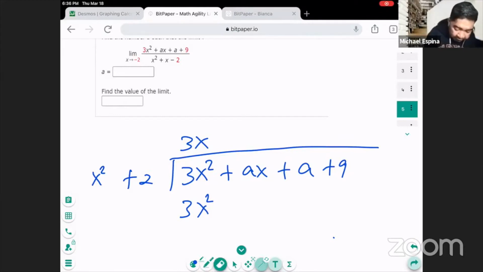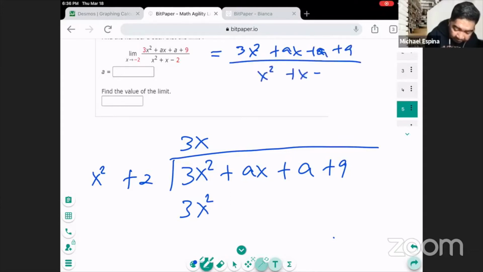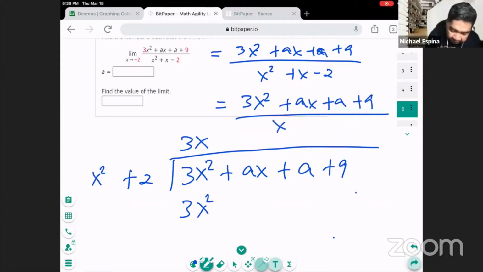Because this is actually factorable. If we try to substitute negative 2, this denominator would be equal to 0. So let's get the factors of the denominator, which are x plus 2 and x minus 1.